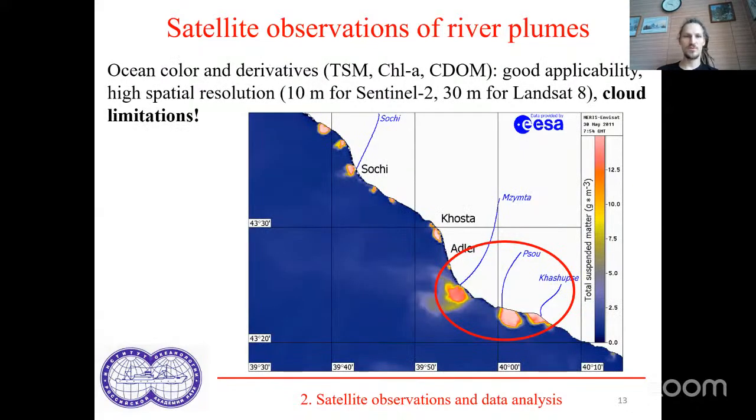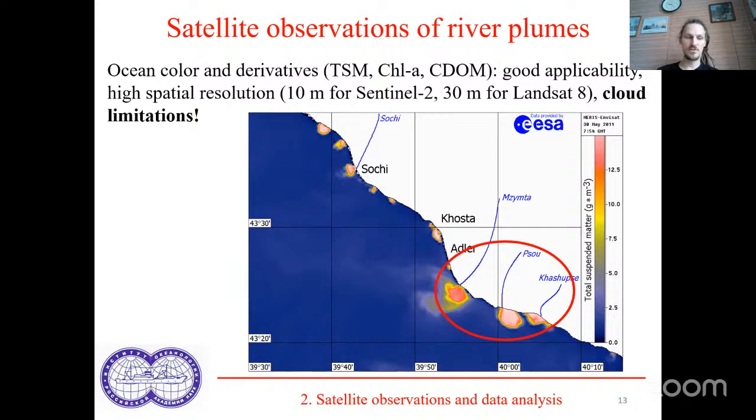Now we move to ocean color, and to derivatives of ocean color, such as total suspended matter, chlorophyll concentration, or colored dissolved organic matter concentration. They are even better than temperature, but they also have cloud limitations.